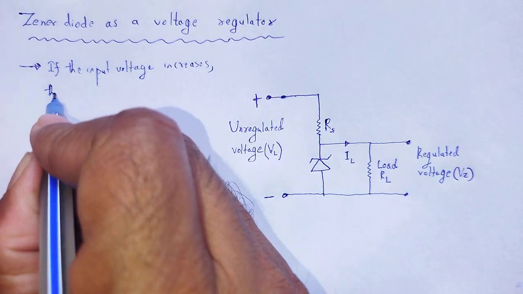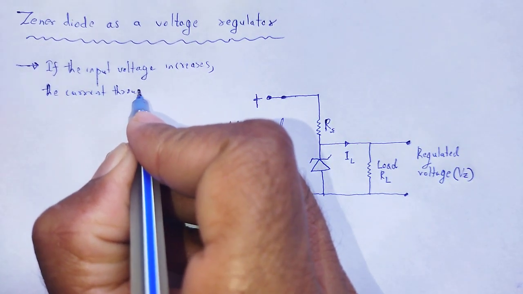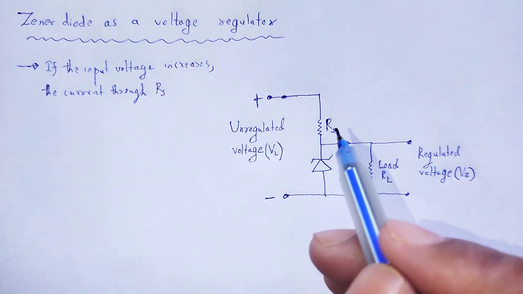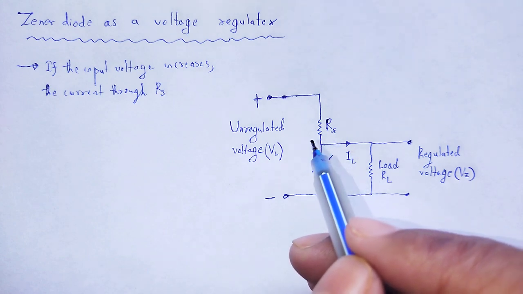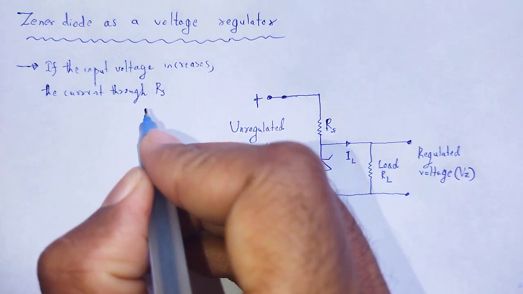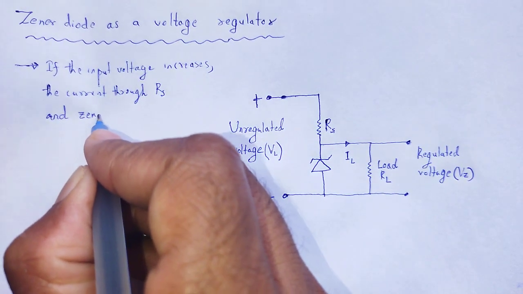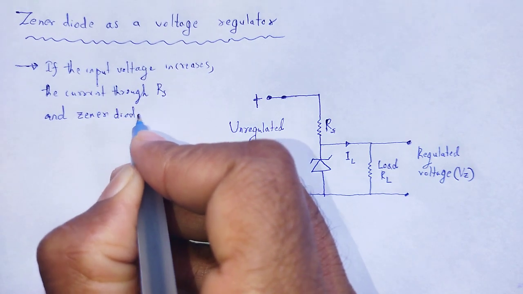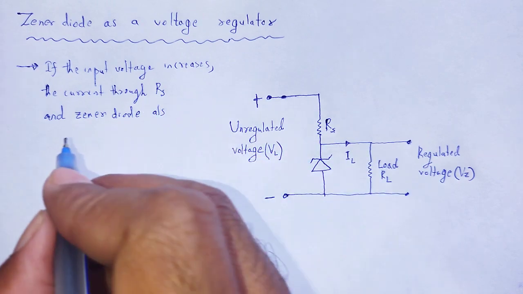The current through Rs, the series resistance, and the Zener diode also increases.